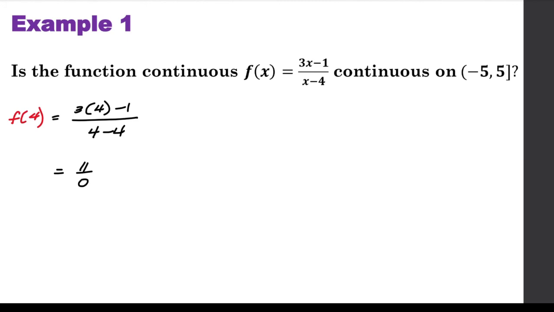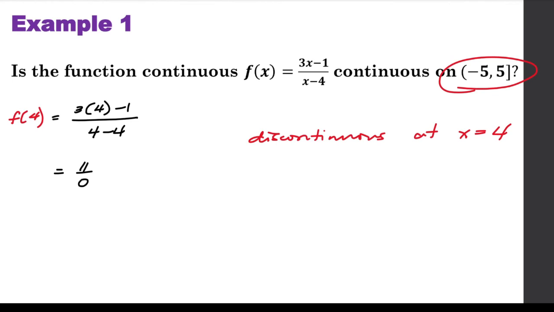Because f of 4 is undefined, then we are discontinuous at x is equal to 4. In reference to the given interval, x is equal to 4 is included in the given interval. Therefore, the function is discontinuous at x is equal to 4.